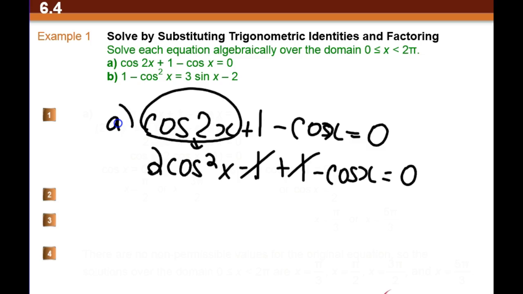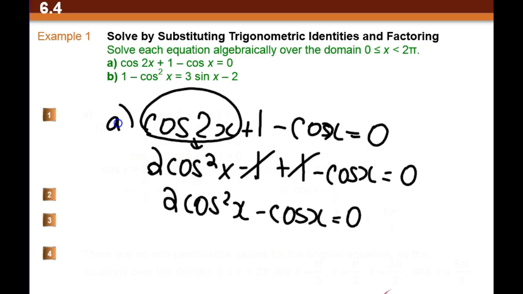And now we have a 2 cos squared x minus a cos x equals 0. Okay, so what's common to those both? They all have a cos x. So let's divide out by what's common and put it out front.